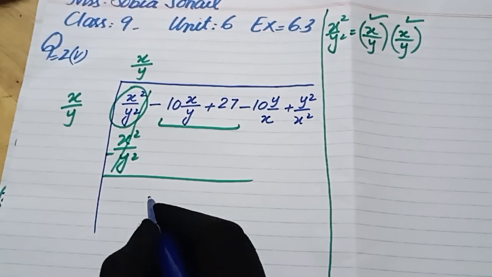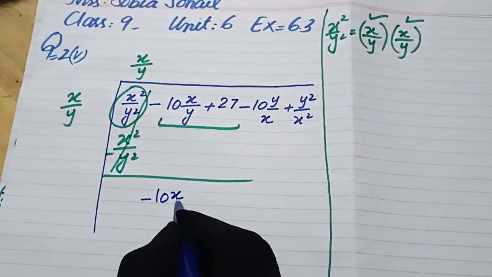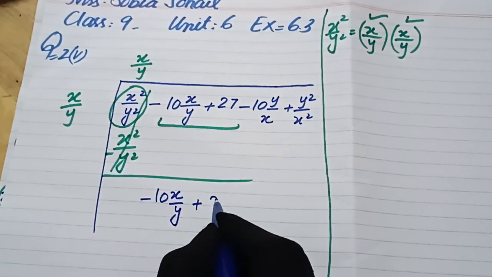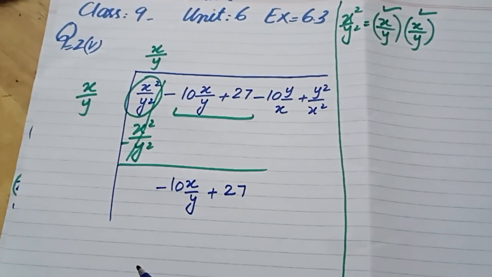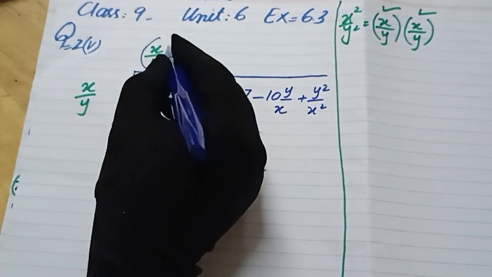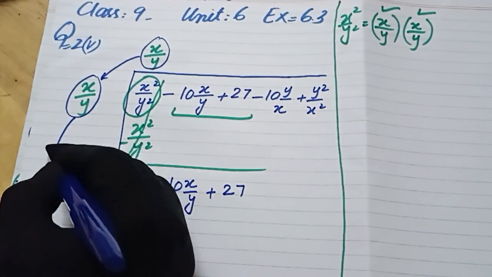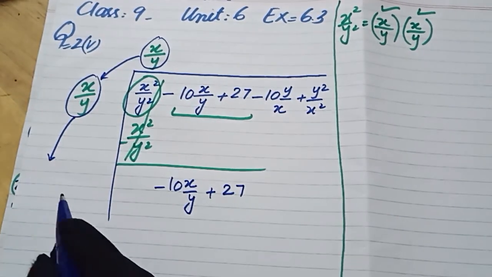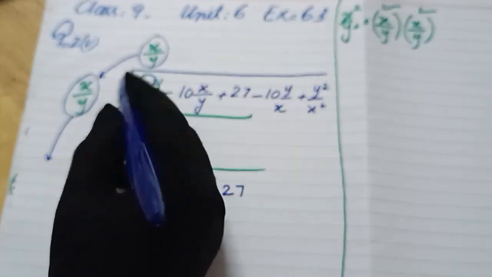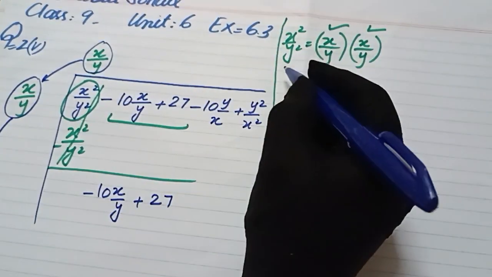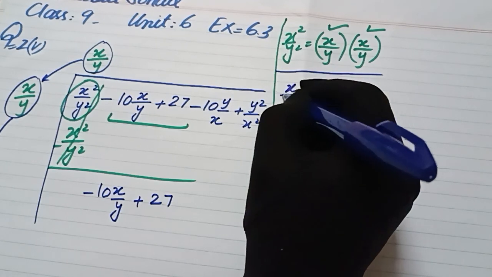Bring the next pair down, minus 10 x over y plus 27. Now we have to add the factors and write the sum as the first term of the new divisor. As these factors are in fraction form, it's better to add over here.